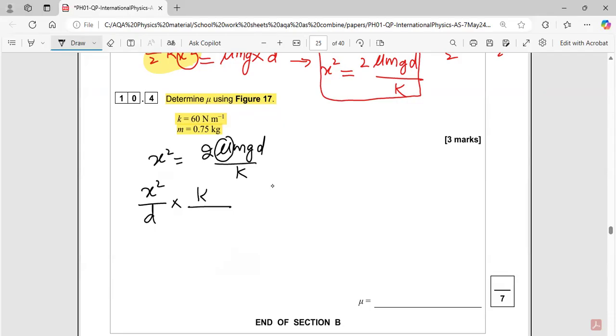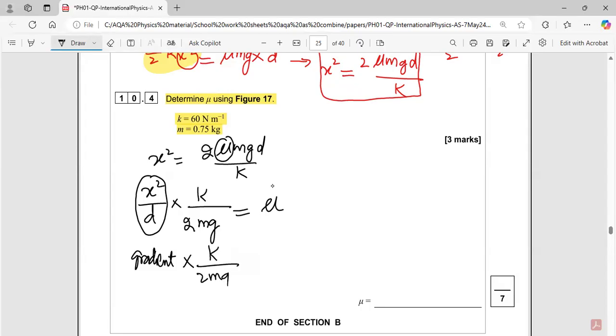This is k over 2 mg. So the mu will remain over there. Like I have shifted everything other than mu to the other side. And this one, remember, is the gradient. So I will write that gradient, whatever the gradient is, into k over 2 mg. And you know the value of k and m from here. So put the value of k and m and gradient, and you will get your answer for mu.